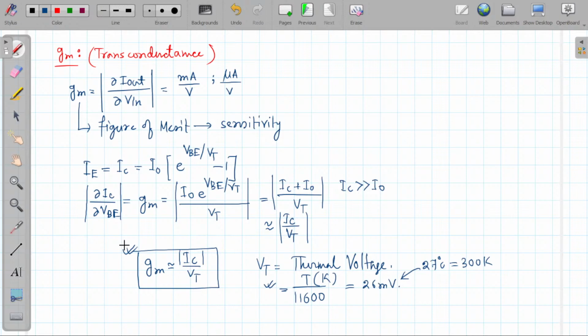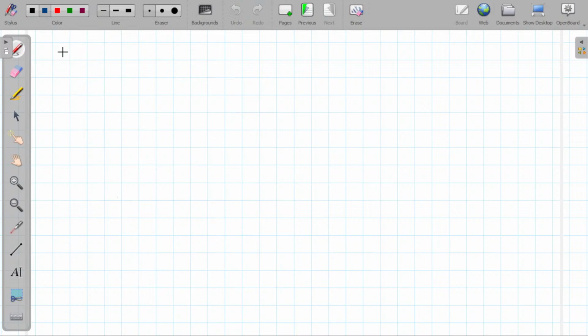Now, let us take an example. Suppose we have found, after the DC analysis, that the collector current DC value is 1 milliampere, and the thermal voltage value is, suppose, 25 millivolt.